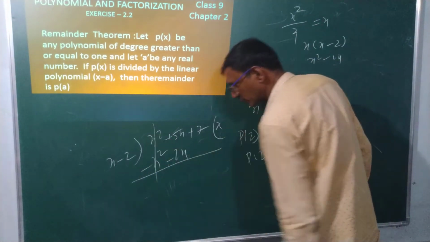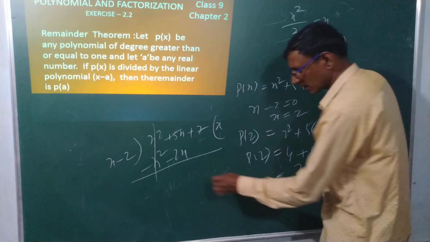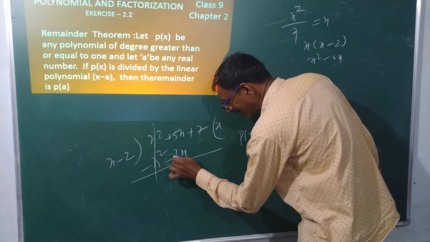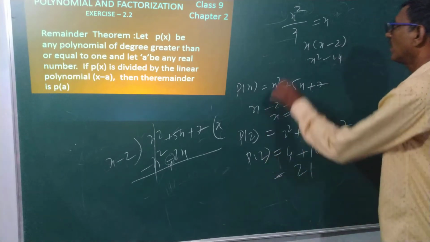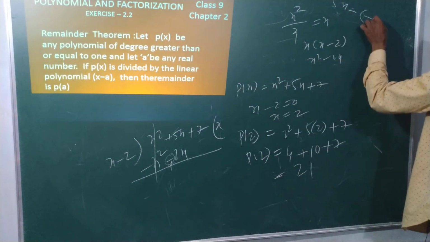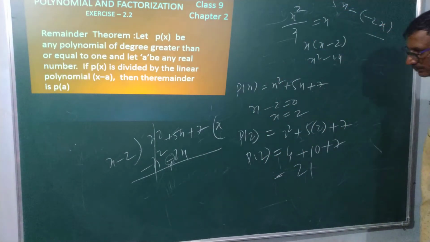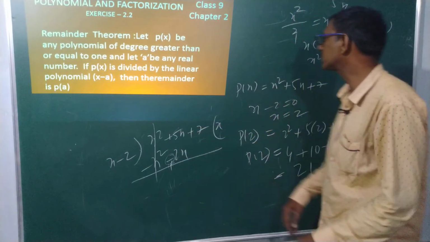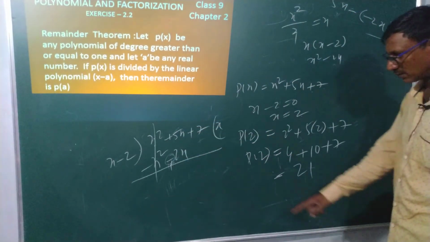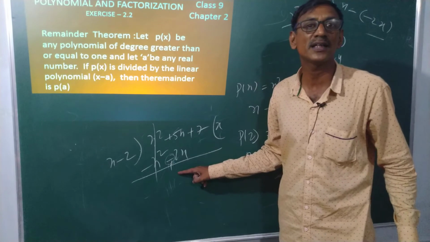By subtracting, these two get cancelled. By subtracting, this becomes plus 5x minus of minus 2x. Minus of minus becomes plus. That is very good.